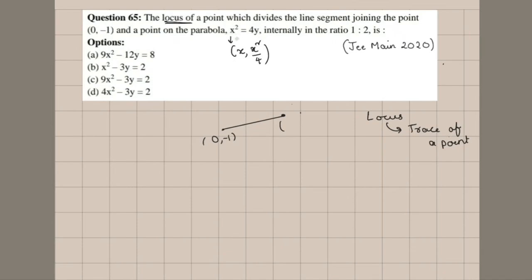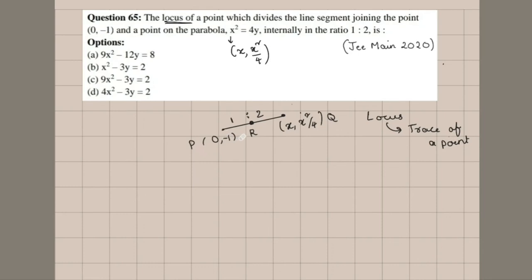So any point on this parabola will be x, x square by 4. This is the other point on the parabola, some random point. x is a variable here. So there is a point, let's say this is R, which divides the line joining, let's say this is P and this is Q, in a 1:2 ratio.